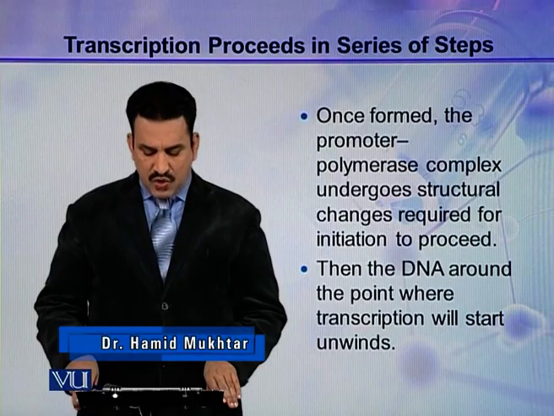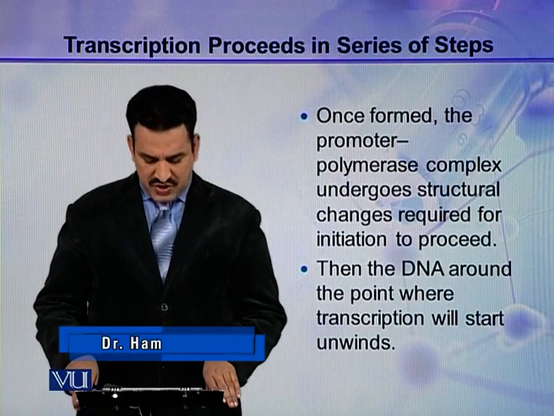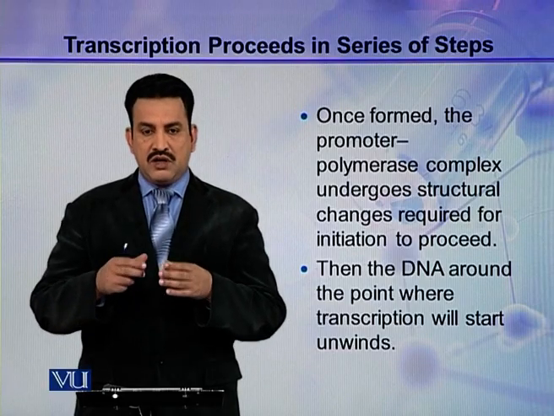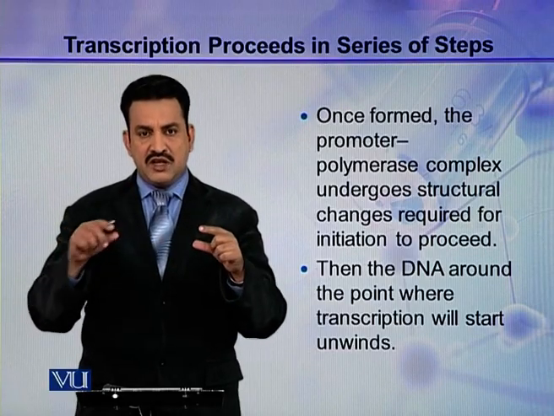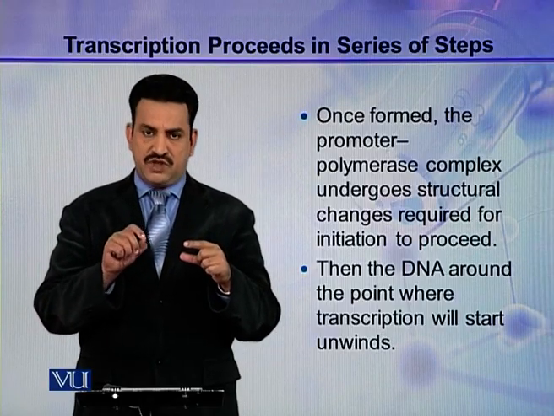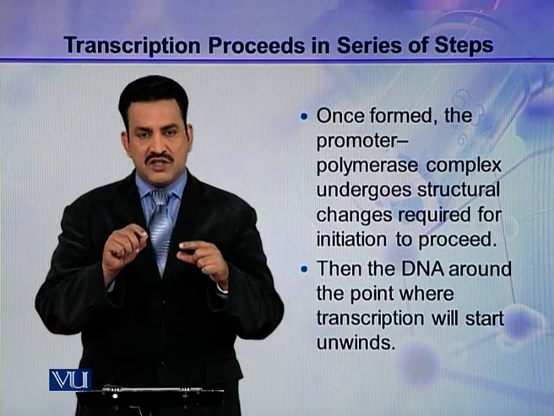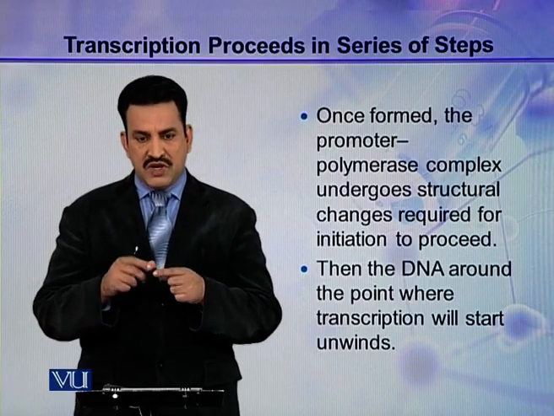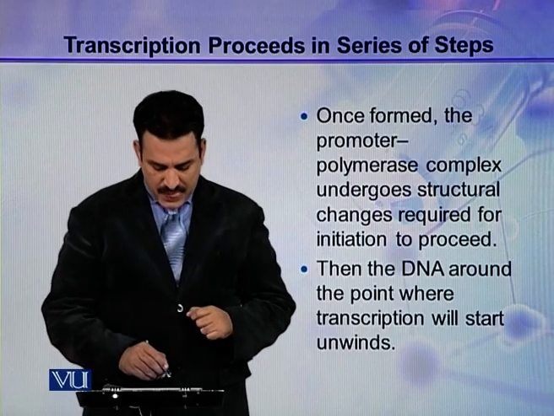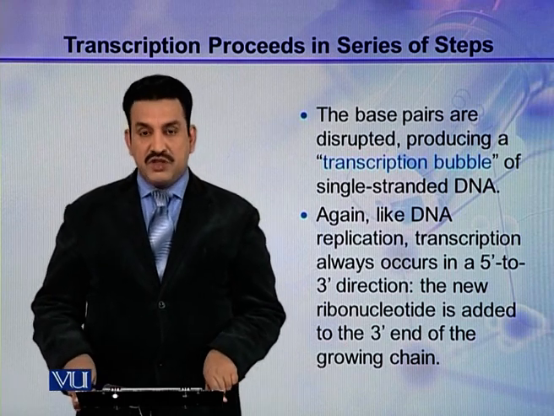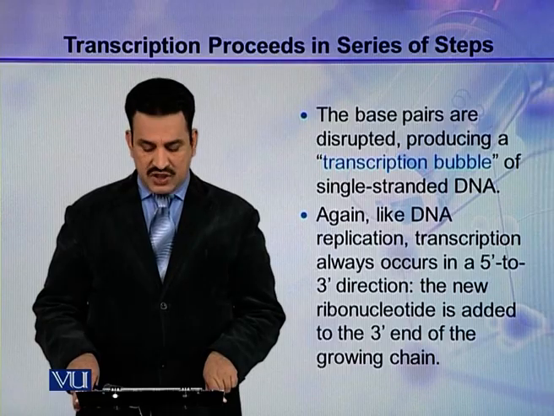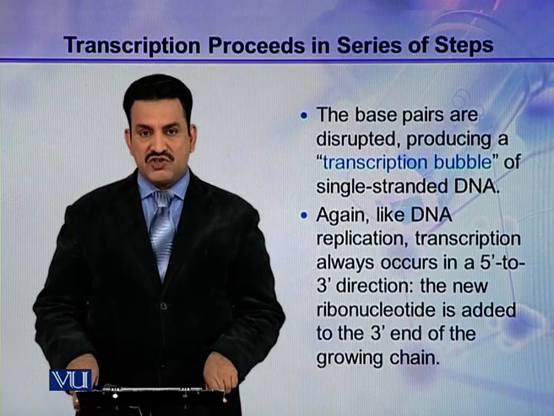Then the DNA around the point where transcription will start unwinds. That is, there is some point on the DNA, and that is the site of initiation of transcription. So, once this complex is formed, the DNA unwinds from this site. The base pairs are disrupted, and they produce a transcription bubble of single stranded DNA.